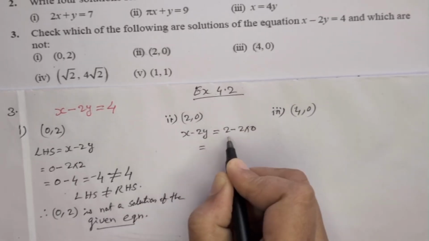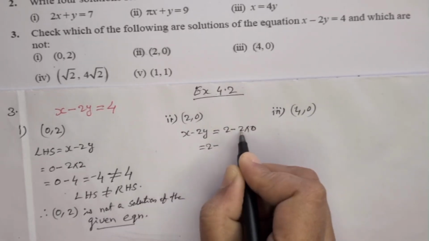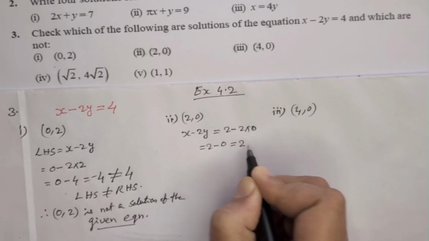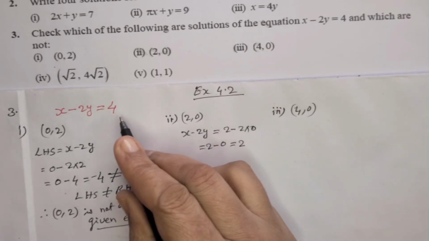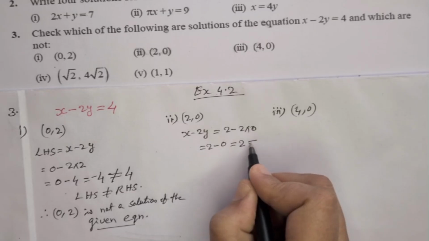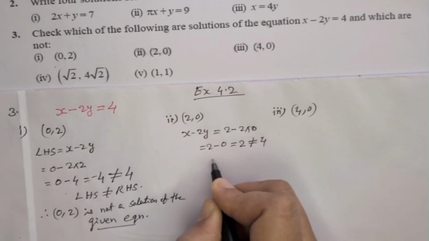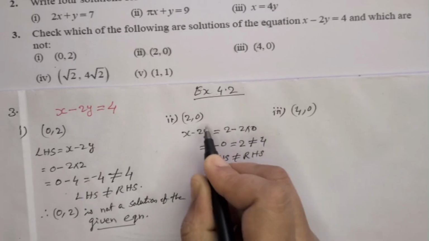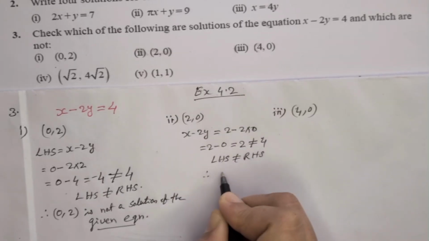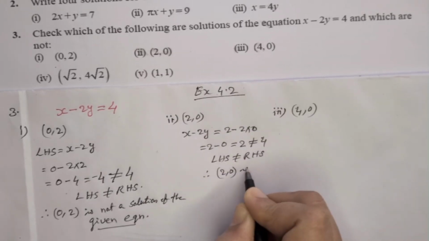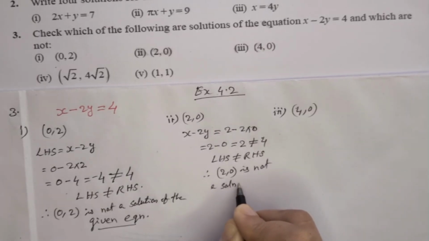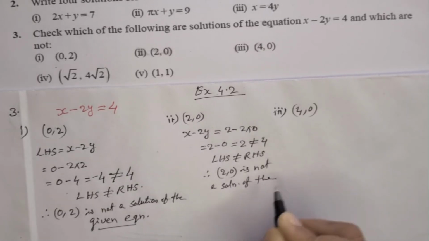So which is equal to 2 minus 2 into 0, 0. 2 minus 0, 2. And on the right side the answer is 4. So we can write that not equal to 4. LHS not equal to RHS. So 2, 0. Therefore 2, 0 is not a solution of the given equation.